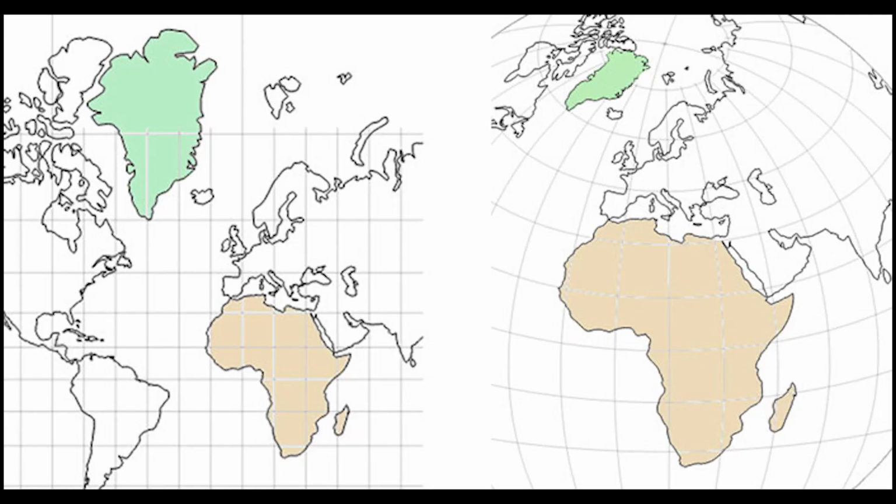And regarding the distortions of land masses on different map projections. On the left you have the Mercator map projection. That is not a good projection at the polar regions, and you will see it in the comparison with the map projection on the right.